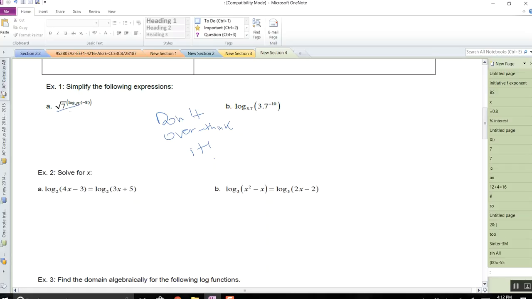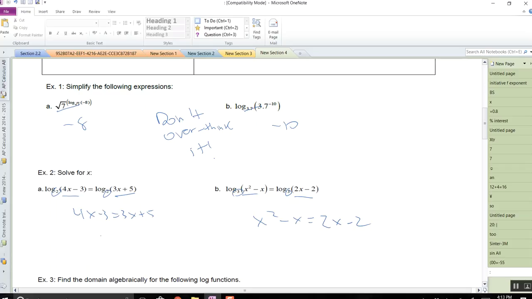So when those are the same, you get -8. Also, when these are the same, those expressions will be the same. And when these bases are the same, also those expressions will be the same. Go ahead and pause the video and try to work out A and B, and then we'll discuss.